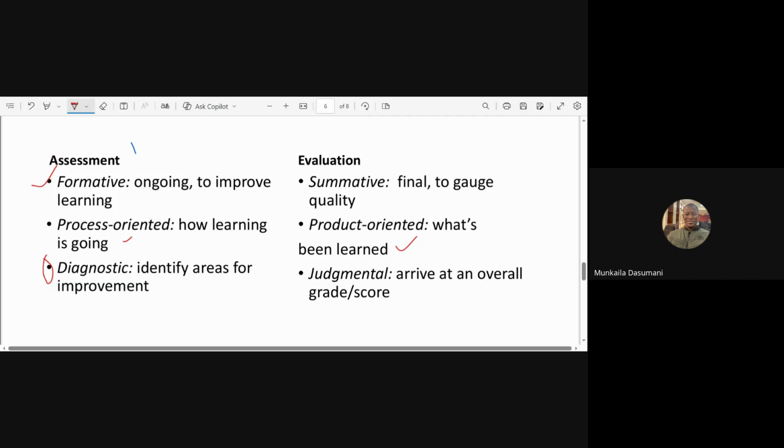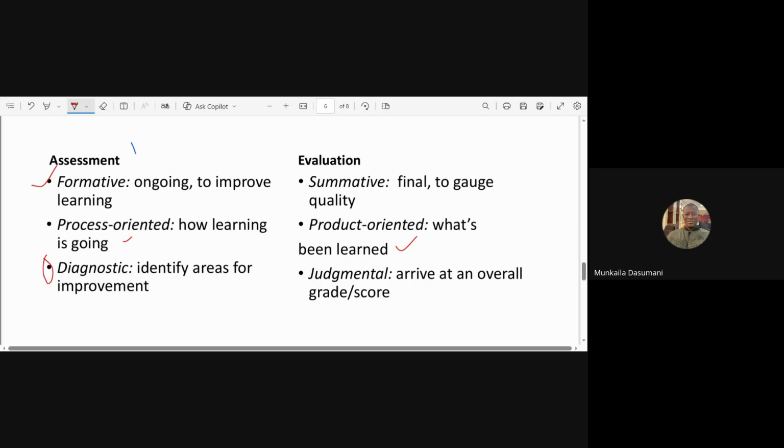All right, so diagnostic: identify areas for improvement. That is actually assessment in the classroom. For instance, when you are teaching and you ask questions at the end of the lesson, or give them some assessment, you may realize that they couldn't do well. Now you see that area is lacking. How do I improve it?